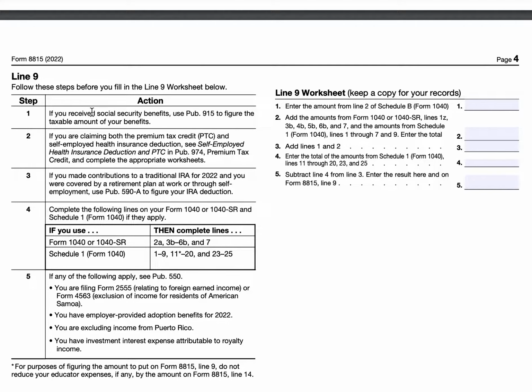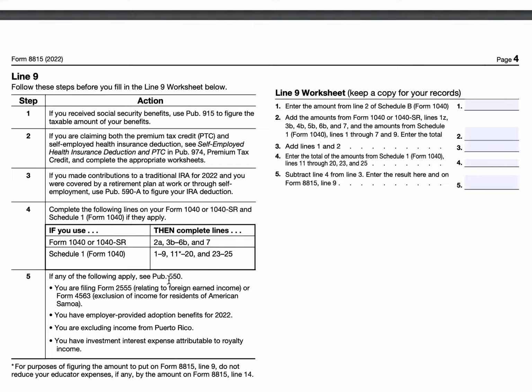If you made contributions to a traditional IRA and you are covered by a retirement plan at work, you're going to have to calculate your IRA deduction. You're going to have to complete certain parts of your tax return, and then you're going to have to account for any forms relating to foreign earned income, exclusion of income for residents of American Samoa, exclusion of income from Puerto Rico, employer provided adoption benefits, or if you have investment interest expense based on royalty income.